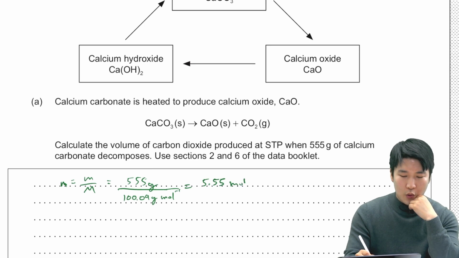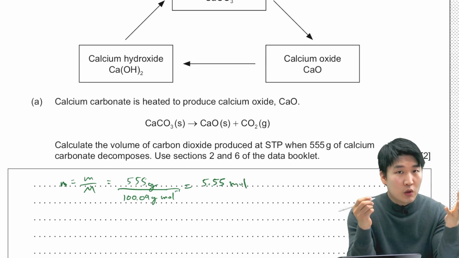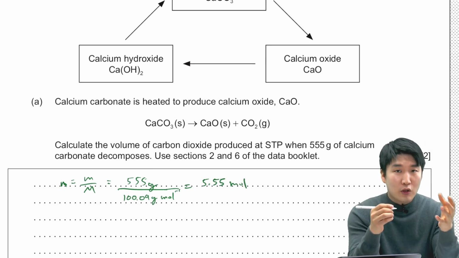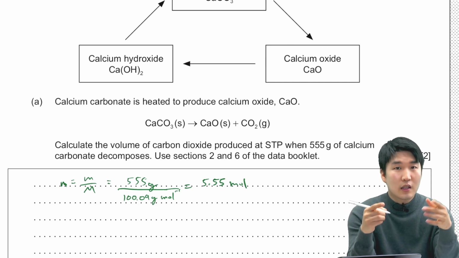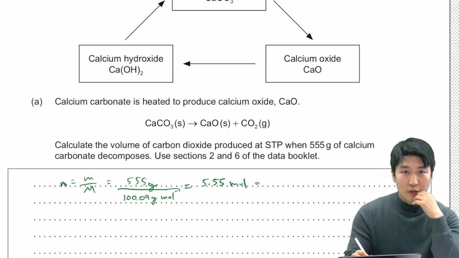Do the math, will be given 5.55 mole. What do we know about the amount of carbon dioxide produced then? It will be equally 5.55 mole. Why?